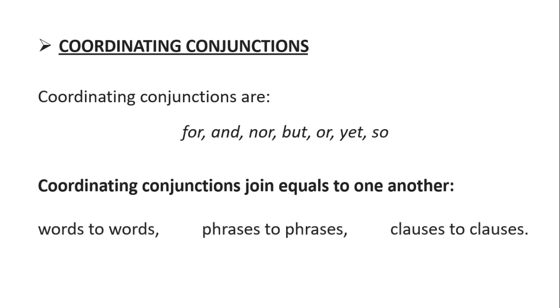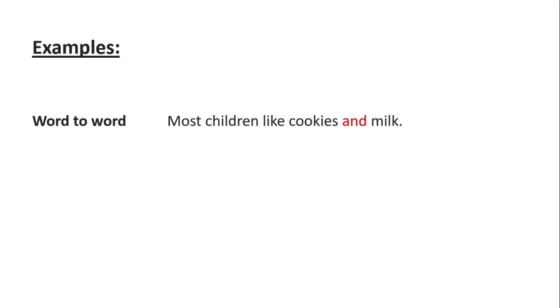Like words join words, phrases join phrases, and same like that, clauses join clauses. Examples: most children like cookies and milk. Here you can see the words cookies and milk are joined through a conjunction that is and.